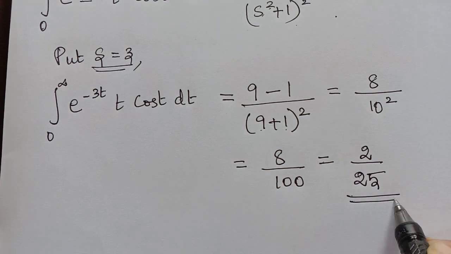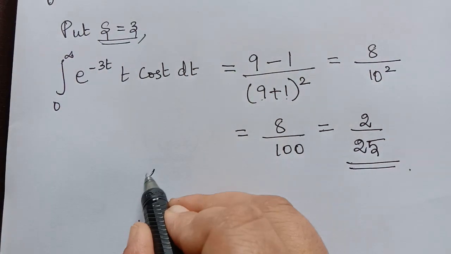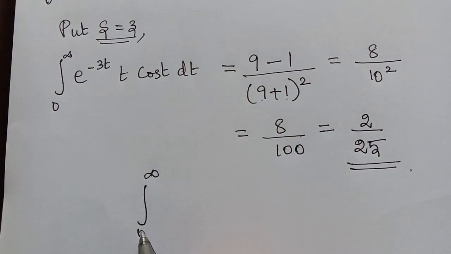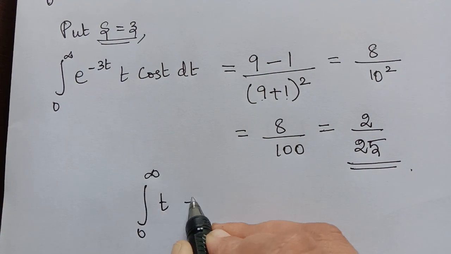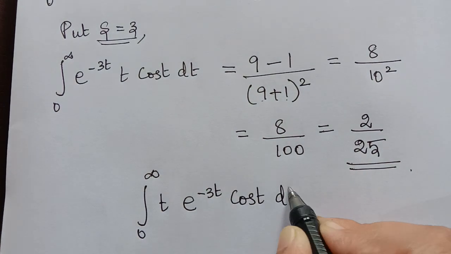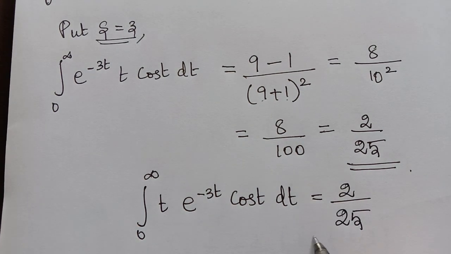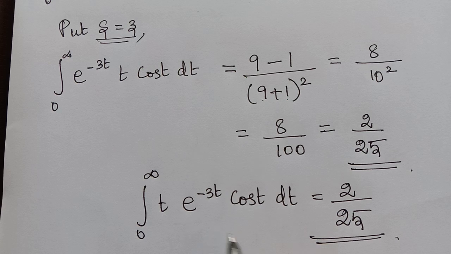So this is the answer. Therefore the integral from 0 to infinity of t e^(-3t) cos t dt is equal to 2 divided by 25. Hence we have evaluated the required integral.